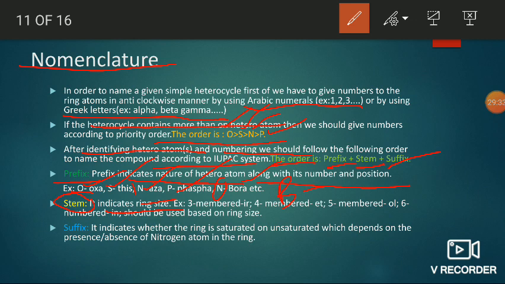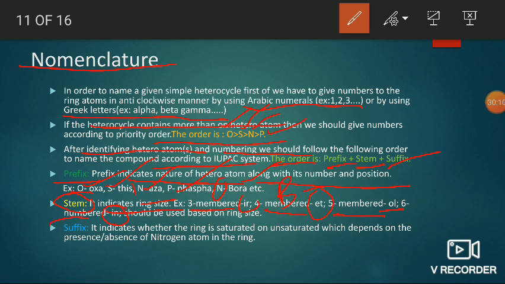If it is a 3-membered ring, the stem is ir. If it is 4-membered ring, the stem is et. 5-membered, it is ol. If it is 6-membered, the stem is ine or in. That is, based on the ring size, we should give a specific stem in order to name that particular heterocyclic. 3-member ir stem, 4-member et, 5-member ol, 6-membered in or ine.